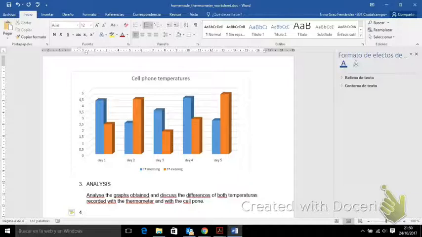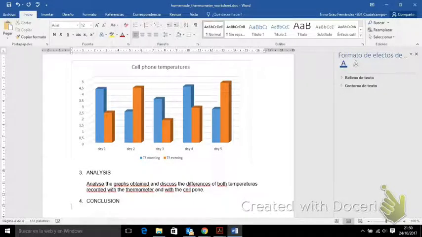So once I have done the analysis, you make a conclusion, okay. So in the conclusion you need to validate your hypothesis, but here, since we didn't do a hypothesis, you need to make a conclusion about the results.